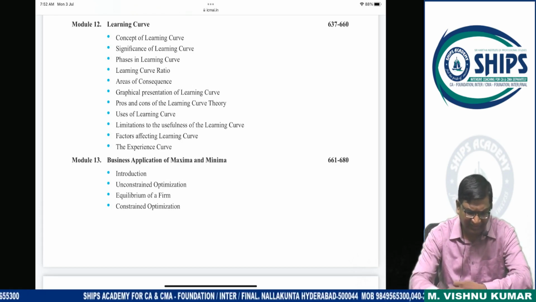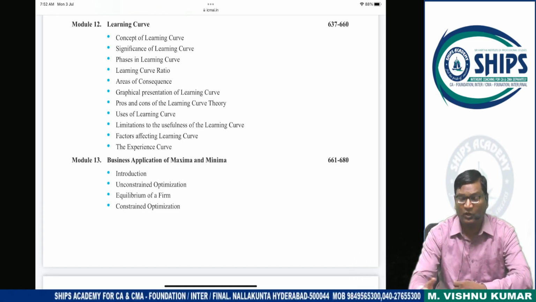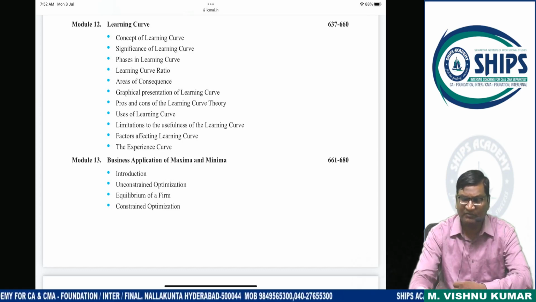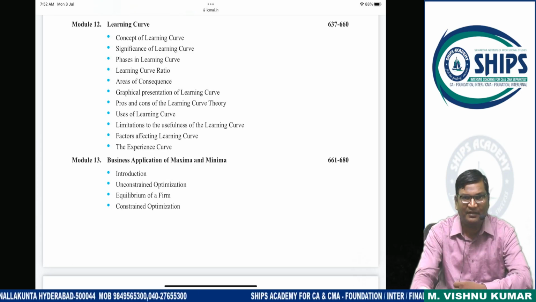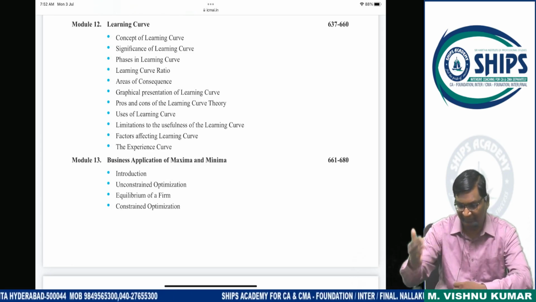Next is learning curve. Learning curve you already studied at intermediate level. So in learning curve, one of the main assumptions is what? Workers are working first time on that particular work or job, and gradually they are learning.